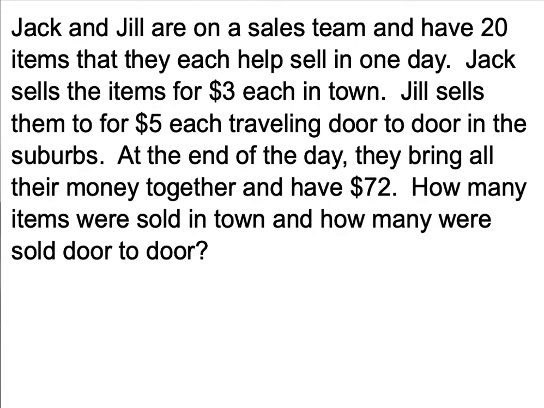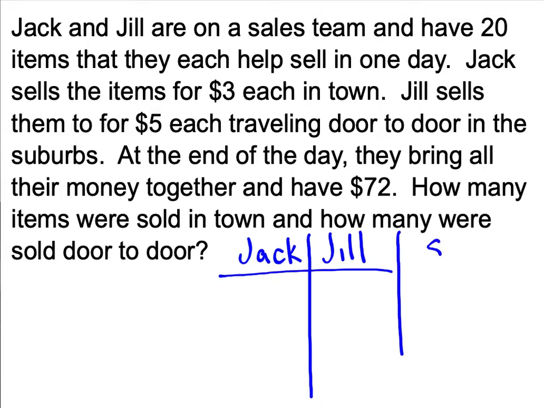All right, so doing guess and check, we've got 20 items that they're selling. We've got Jack, Jill, and we've got the amount of money that they're going to make together. So I'm going to start with just saying 10 each because they are selling 20.